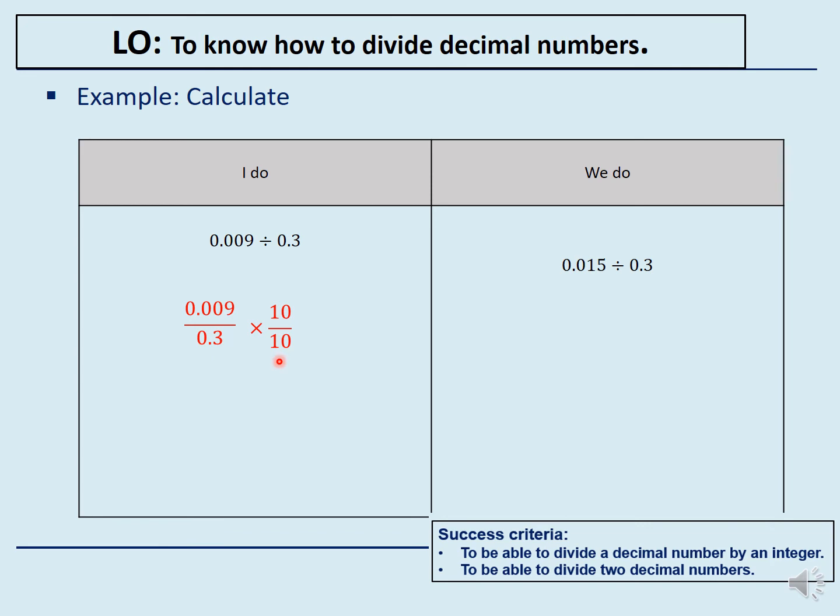If I do denominator times by 10, I need to do the same thing on the numerator as well. Now, if I times 0.009 by 10, if you remember, remove the decimal point, times 9 by 10, you get 90. But then this time you have 3 decimal places.